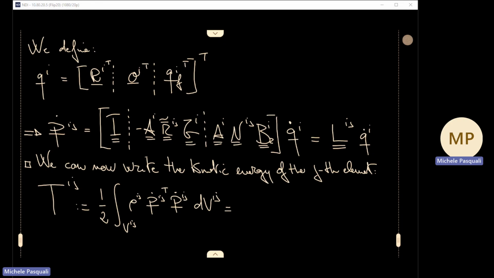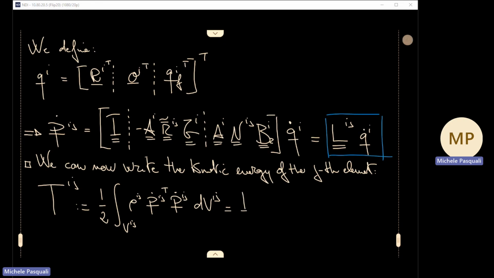And this, resorting to what we have just written here, can be written in another way, more convenient, because it allows us to bring out of the integral sign all of those quantities which are not space dependent.